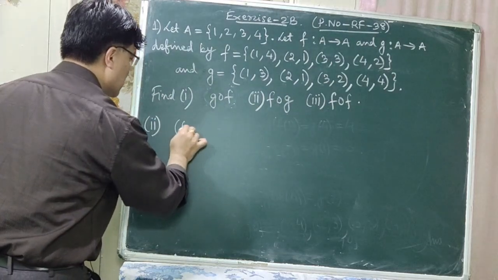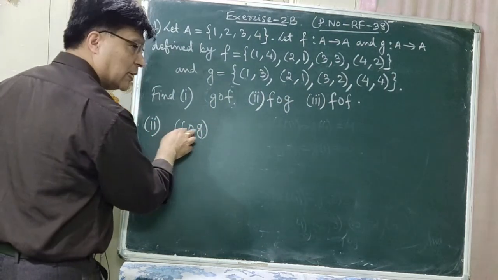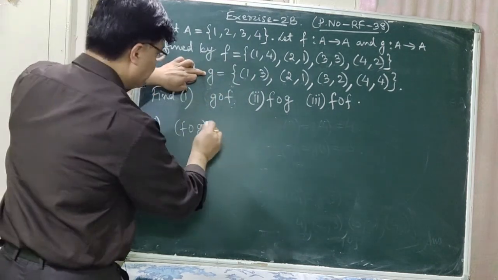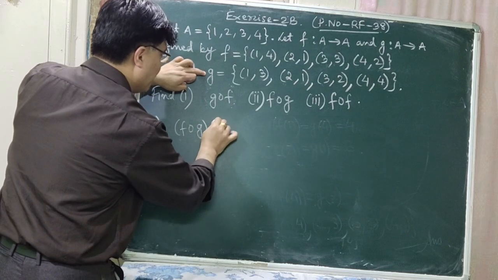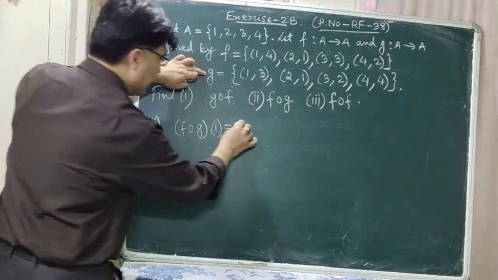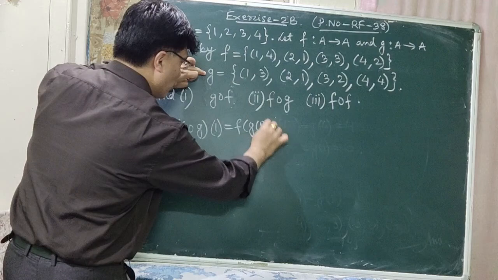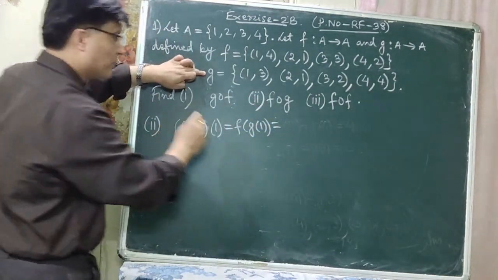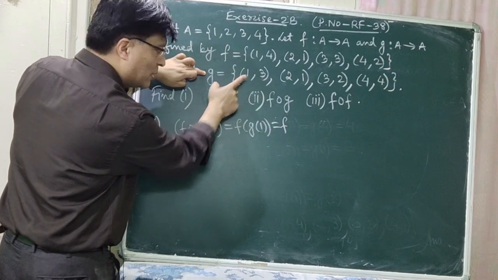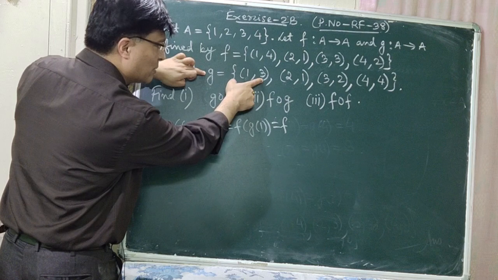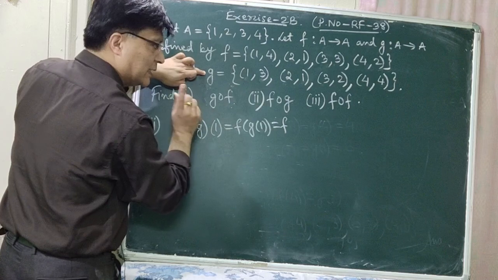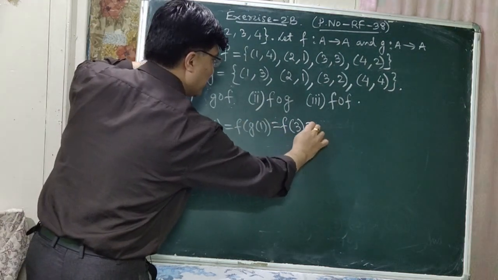So now FOG of 1 is defined as f of g of 1, which is equal to f of, now this one is related with which number under g? 3 under g. That means g of 1 is 3. Is that clear? So this is f of 3.